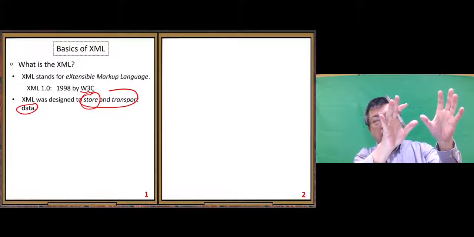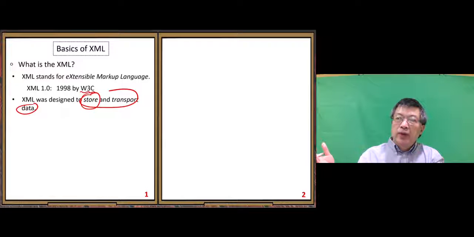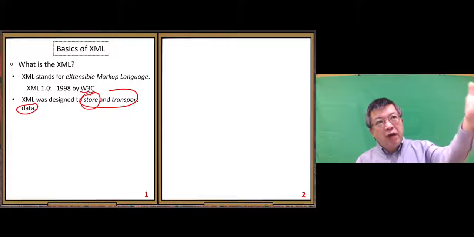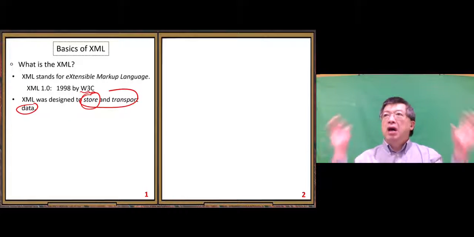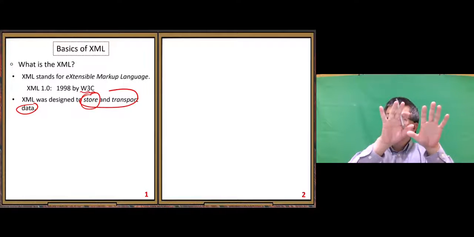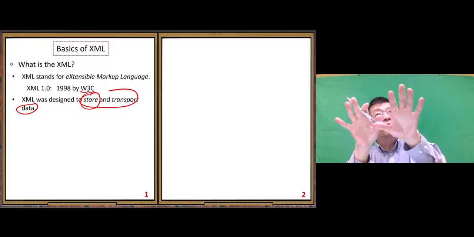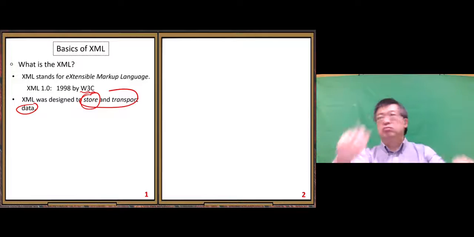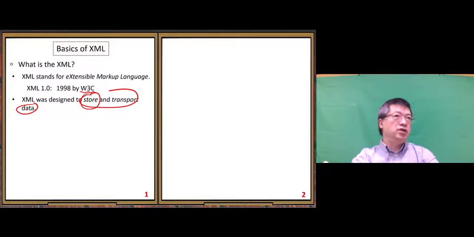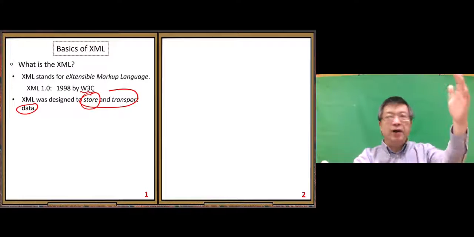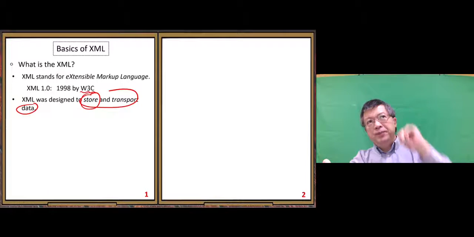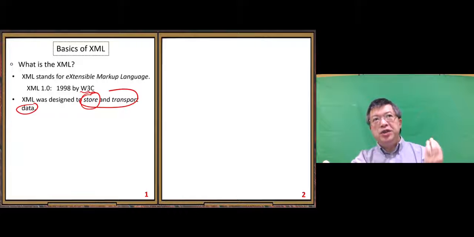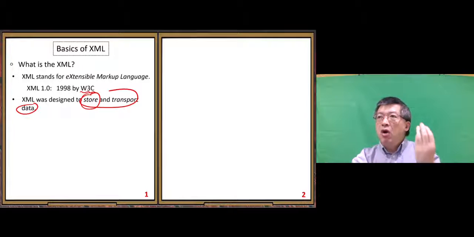But to store data, if you have C++ or Java experience, you can write your data out to a file, right? You just store in two formats, text format or binary format. So why do you need a new technology, XML, as the data storage format?